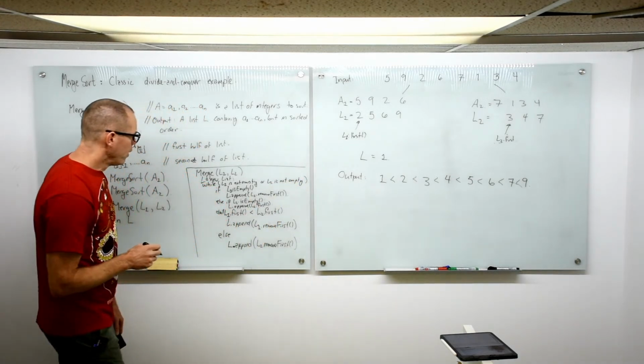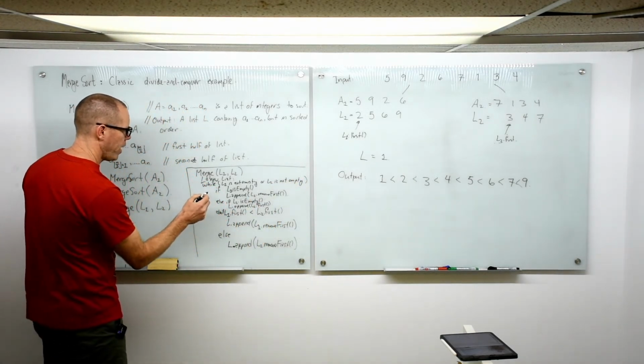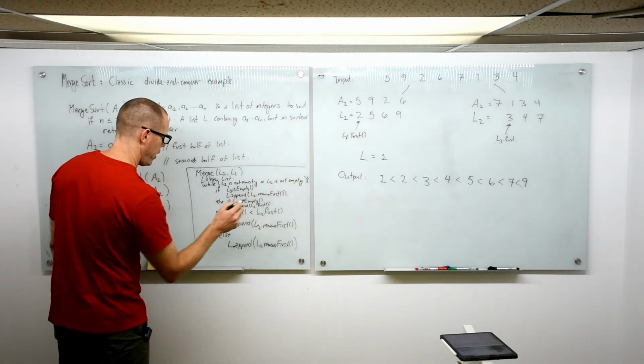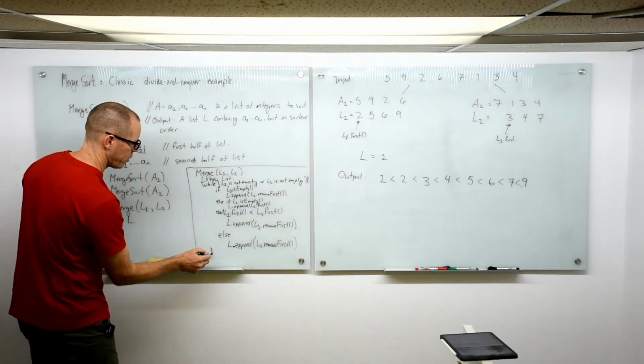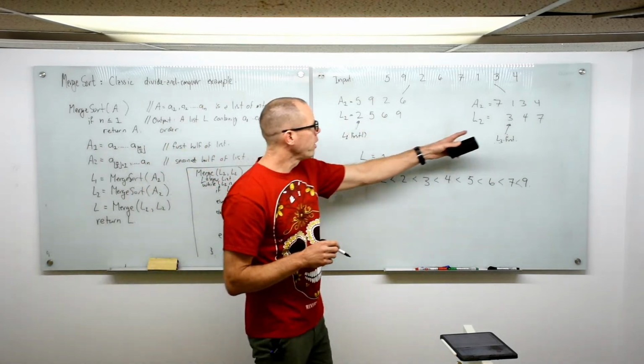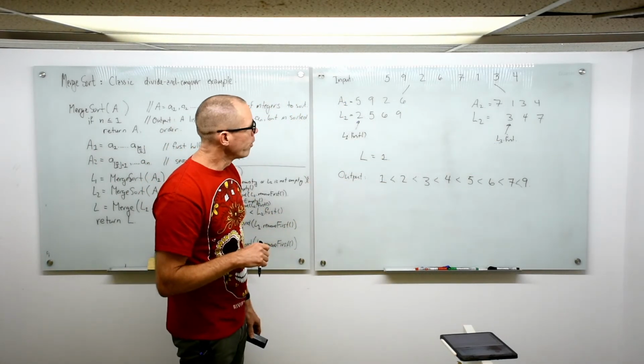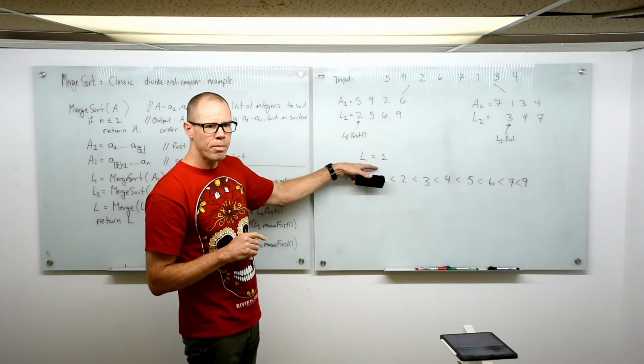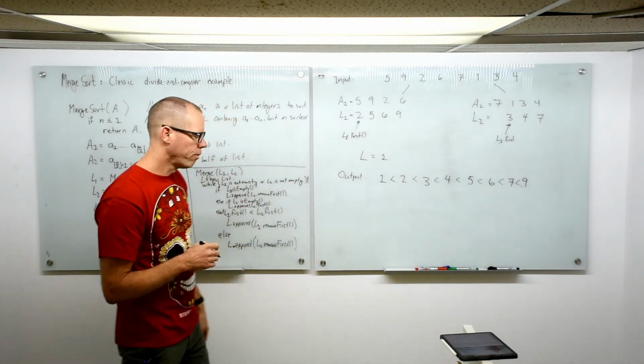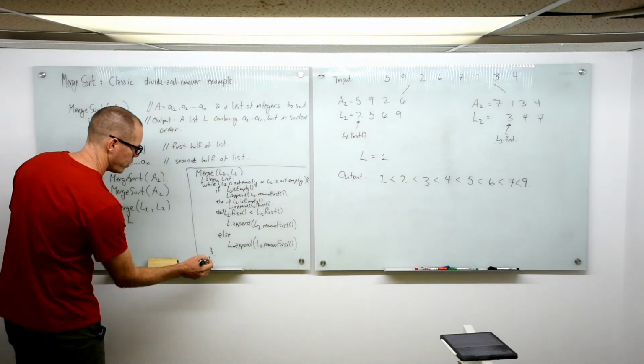And then finally, once that while loop is done, that means we have emptied both L1 and L2. Where did those things go that we removed from L1 and L2? They all ended up in L, so we're done. We've created our sorted list L. We just return L.